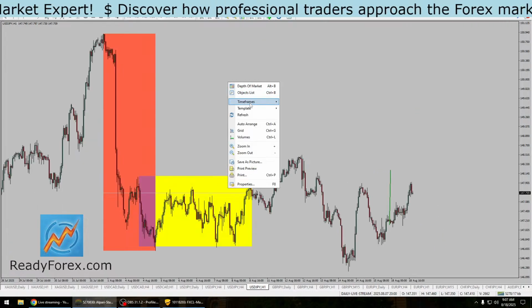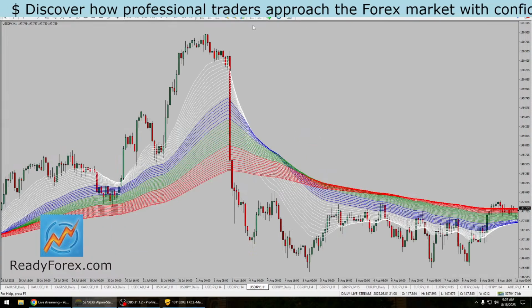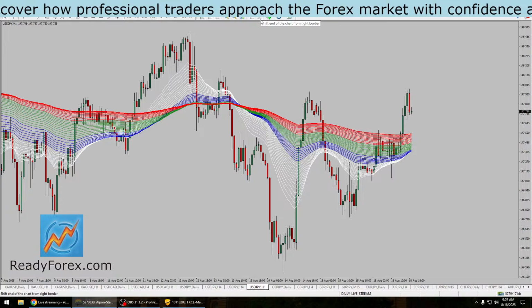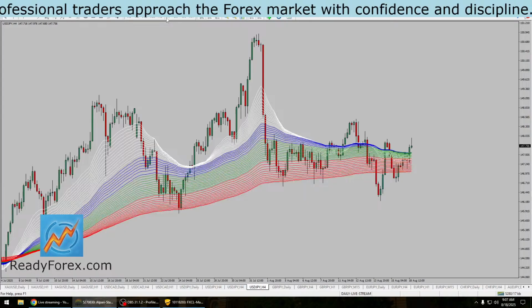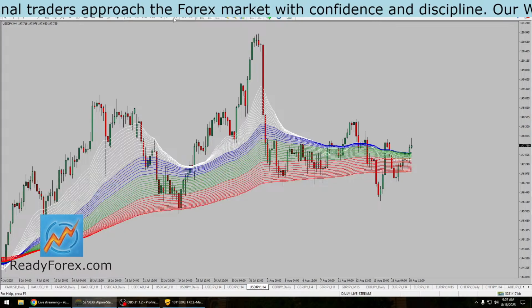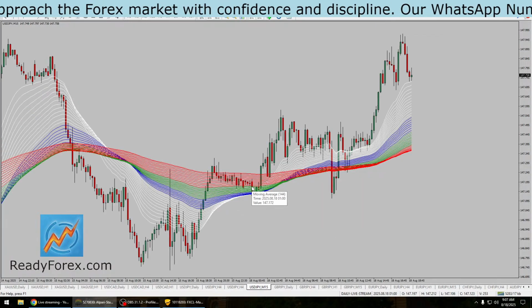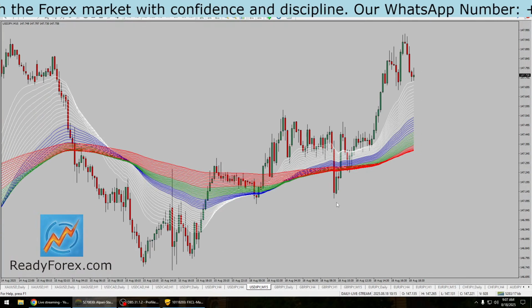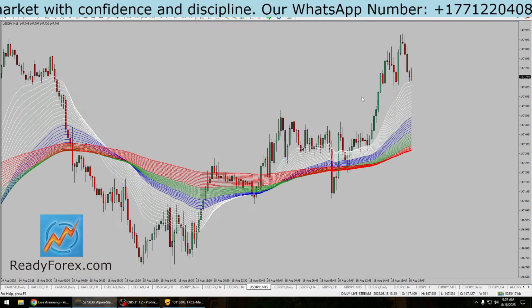If you check out the rainbow, we go over here. The 1 hour is kind of trying to find the direction. The 4 hour is somewhat bullish. The daily is still bearish. So the 15 minutes time frame, a potential buy trade setup here.